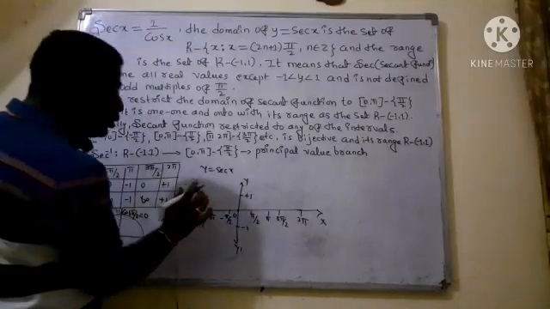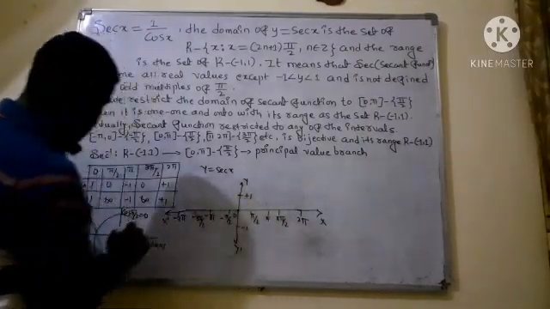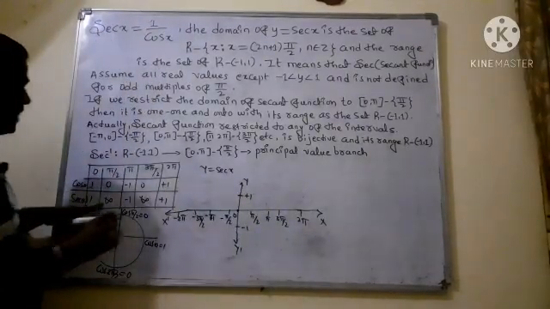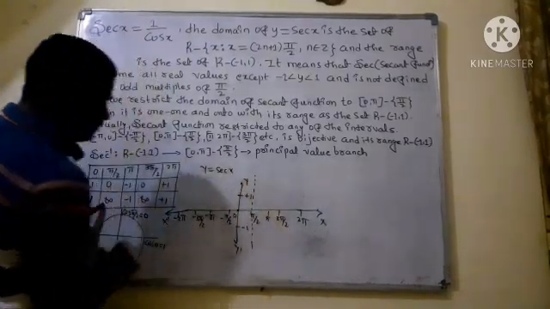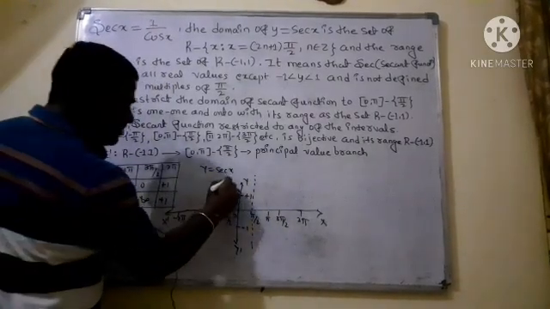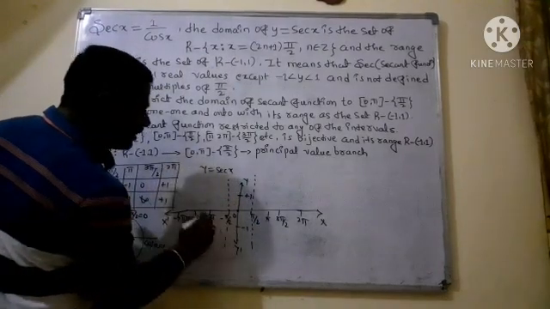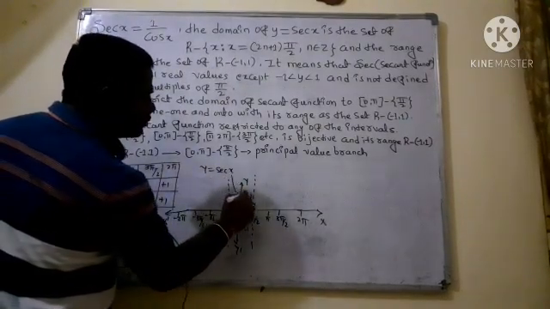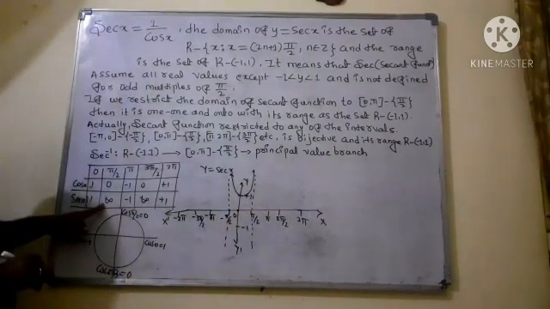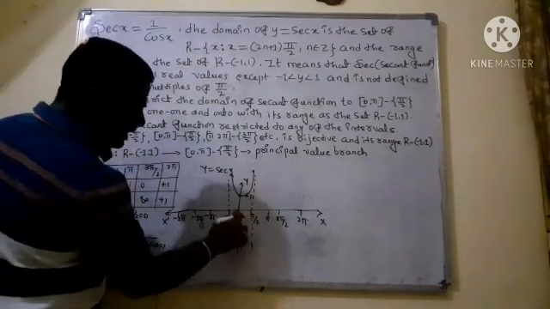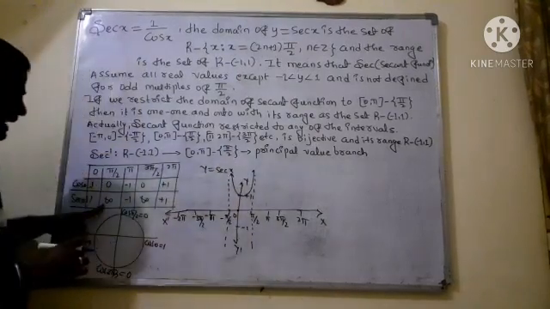Sec 0 is 1. At pi by 2, it goes to infinity. I can take here pi by 2, here also pi by 2, right? So this point should be taken. Observe that graph. So here infinity, minus, it's also infinity.